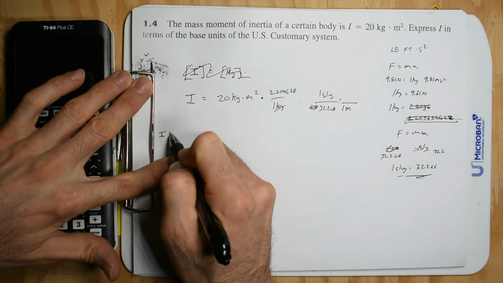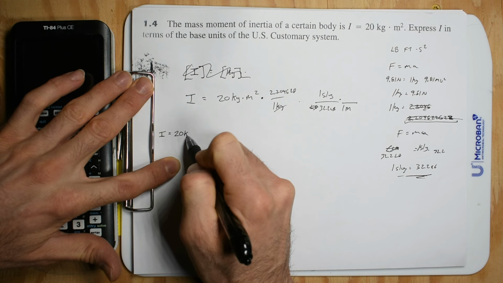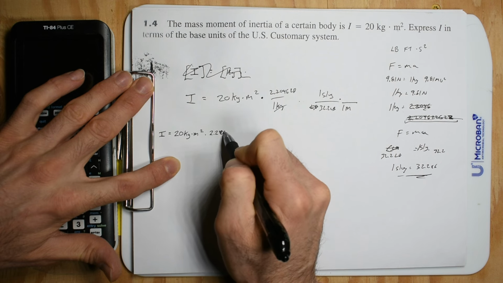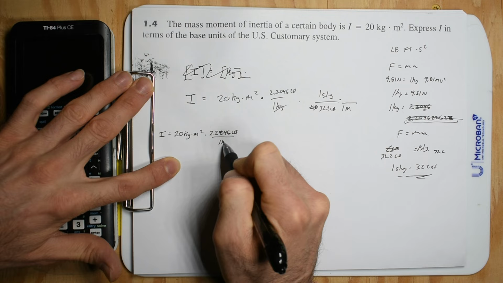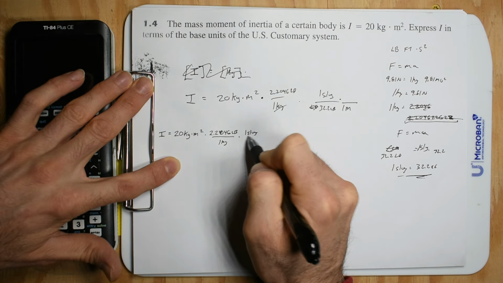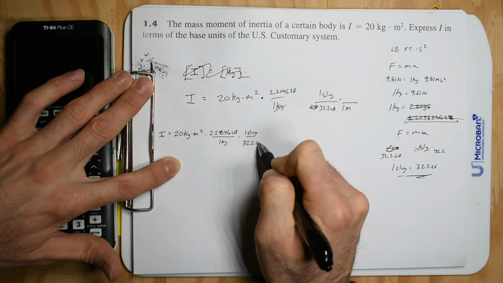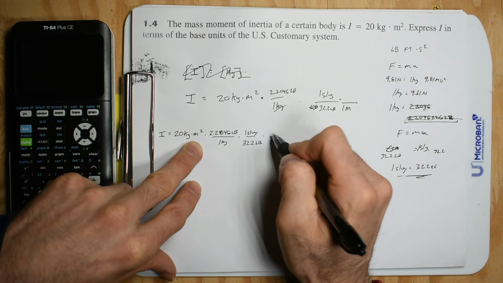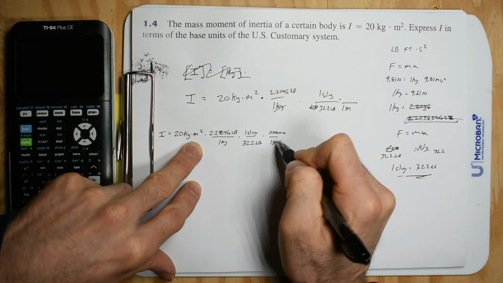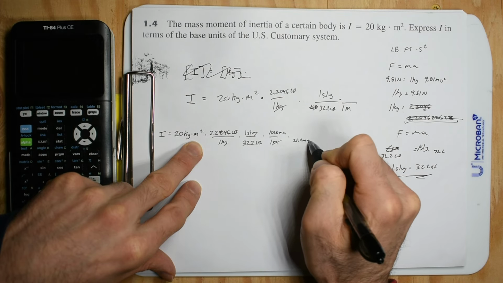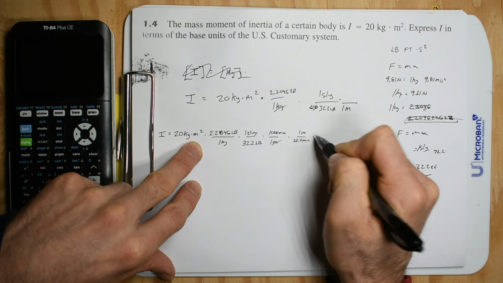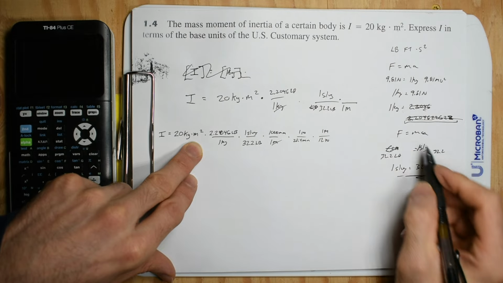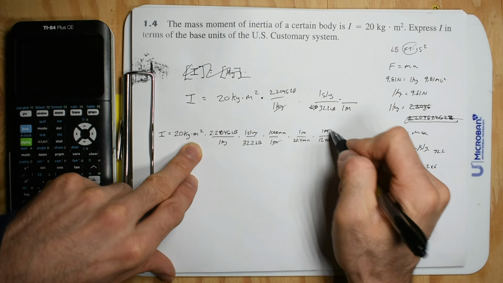So now 1 meter is 1,000 millimeters. And then 25.4 millimeters is 1 inch. And then 12 inches is 1 foot. Booyah. Now we're at U.S. customary using that feet.